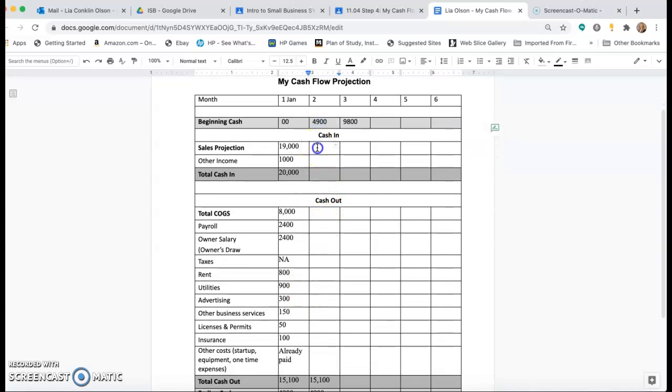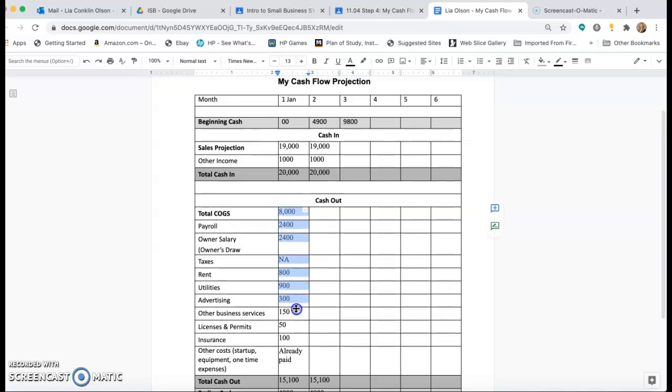Let's say I think that the second month is going to be the same as the first month. I just don't think I'm going to get a lot more customers. I know that I'm still getting the same loan amount each month to kind of boost and hold me afloat for that first year. And so I think everything is going to be the same for the second month.